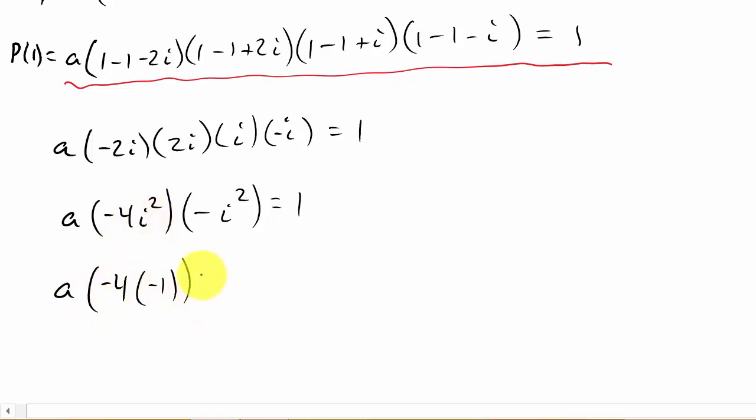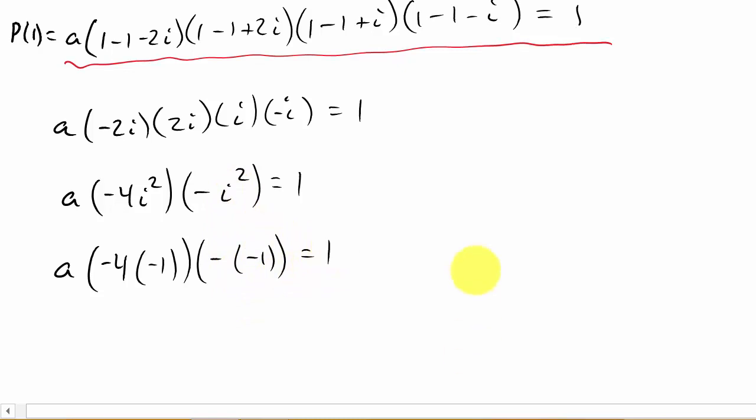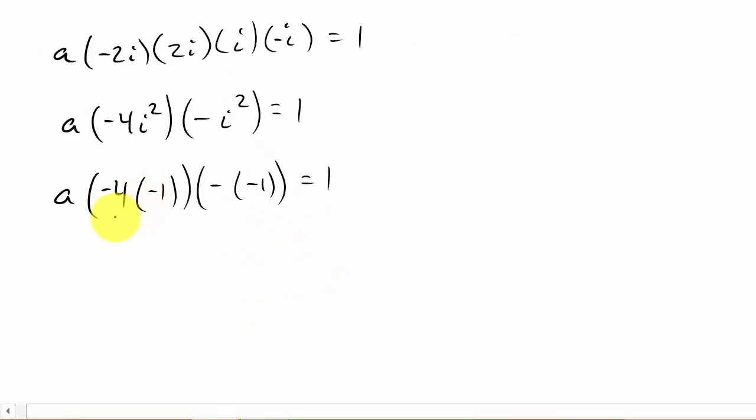It's negative 1. So this is 4, and this is positive 1. That gives me 4a equals 1. So a is equal to 1/4.